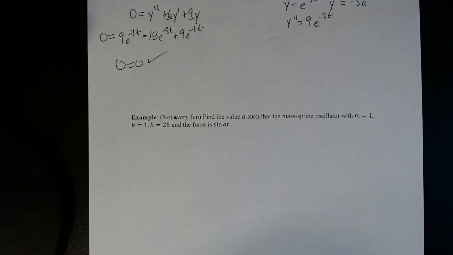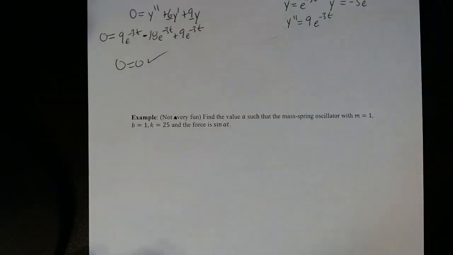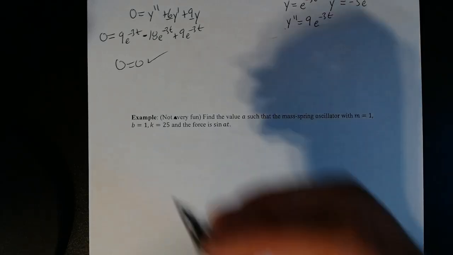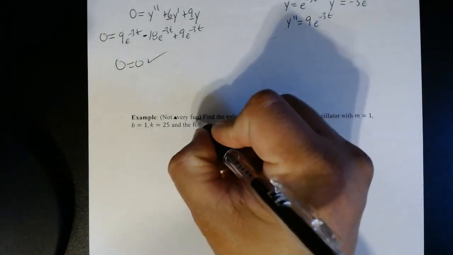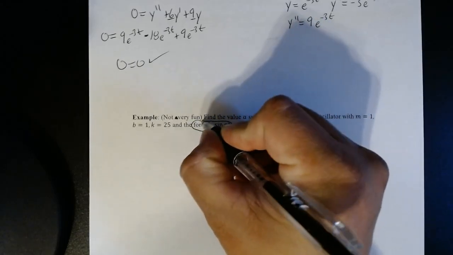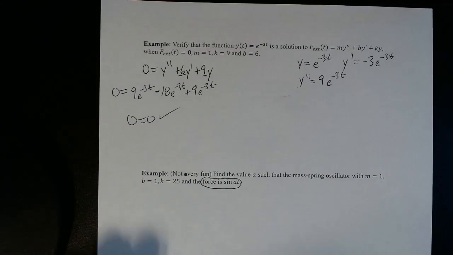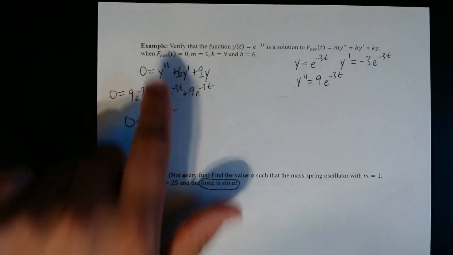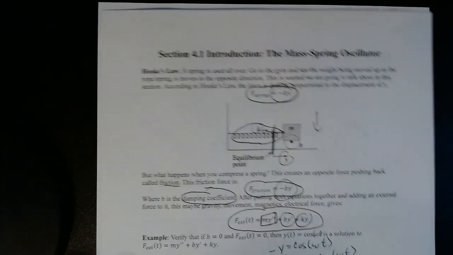So very similar to what we just did above, where we solve for the w value that makes this work. But why is this not so fun if it looks like the same situation? The reason is because now we actually have a force. It's not 0 in this case. Like all the other times, that was 0, and so was this.